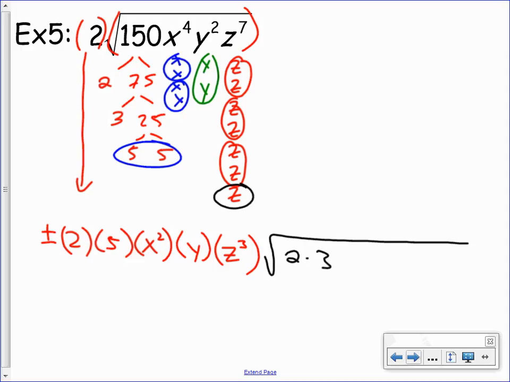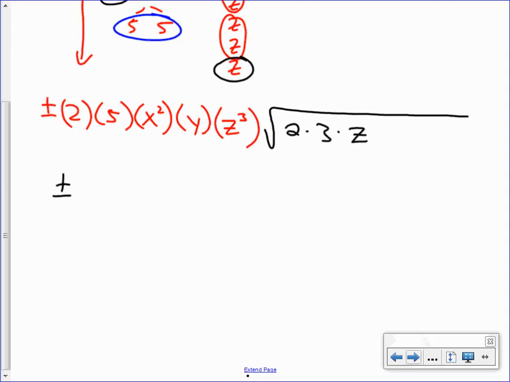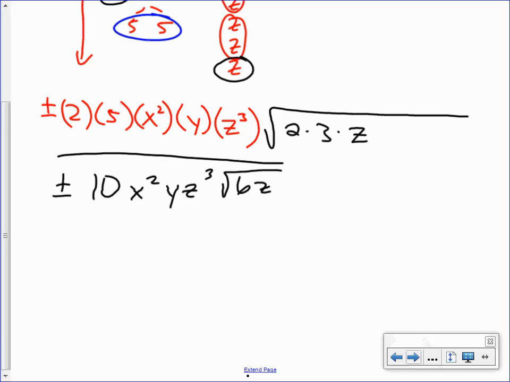So a z, a 2, and a 3 didn't get to come out. Clean it up. 10x squared y z cubed square root 6z. Did you remember to put plus or minus in the front? Don't lose that half a point.